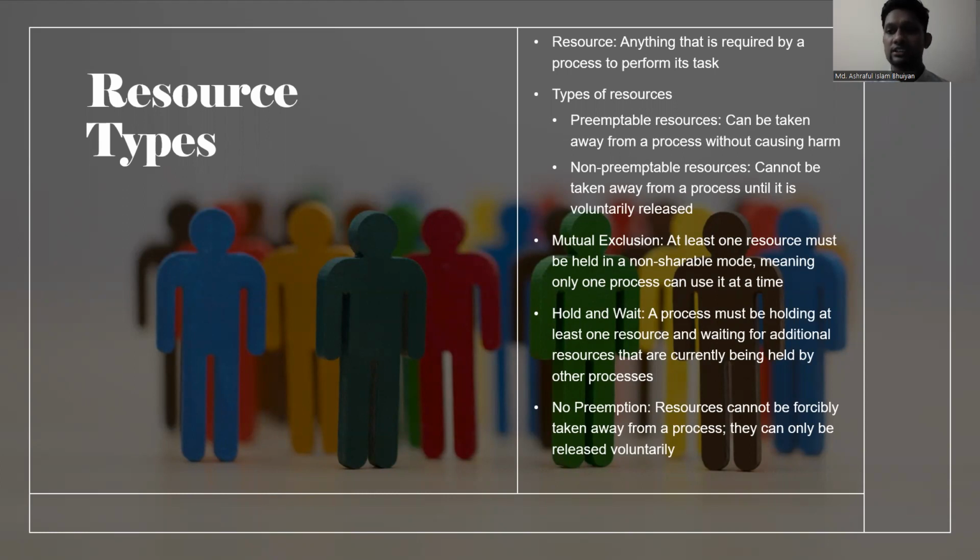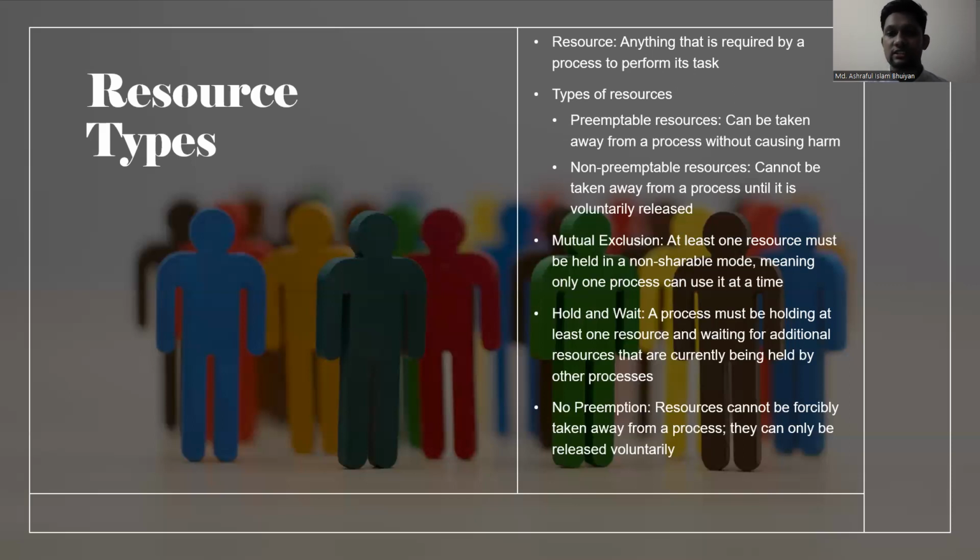A preemptible resource can be taken from a process without causing harm. A non-preemptible resource cannot be taken from a process until it is voluntarily released.